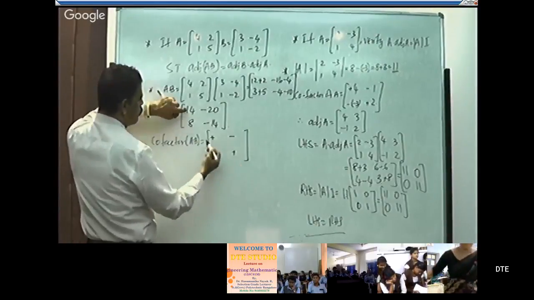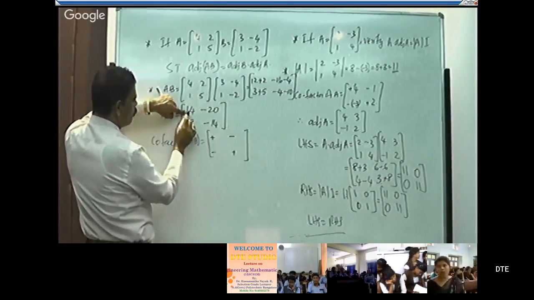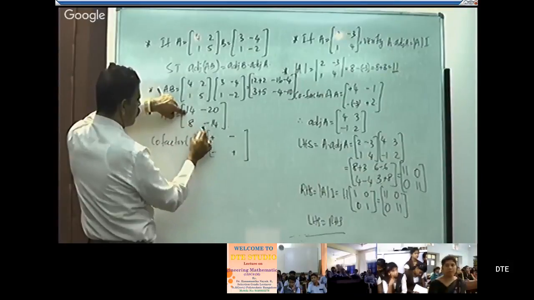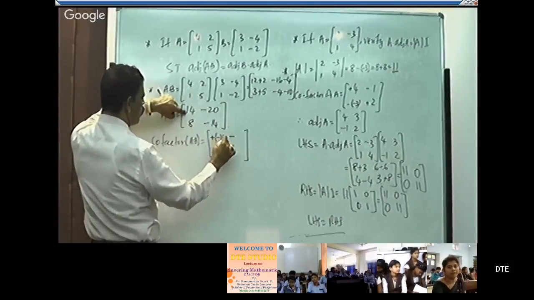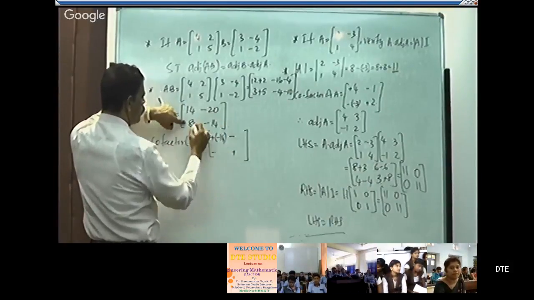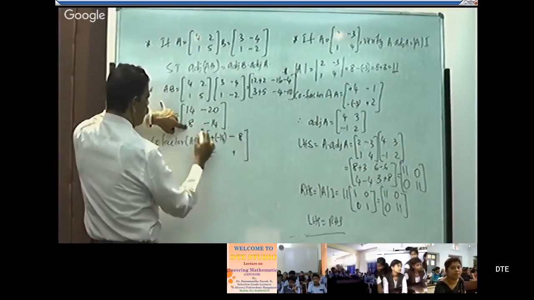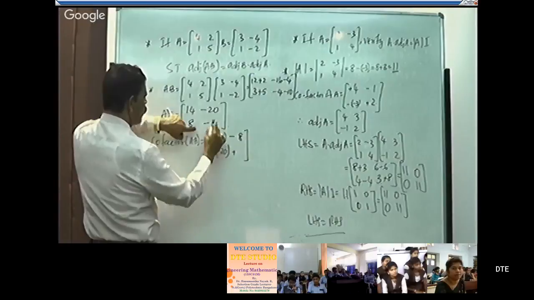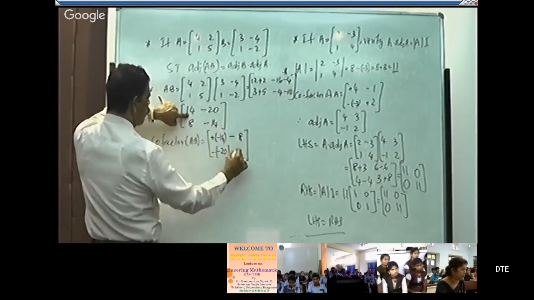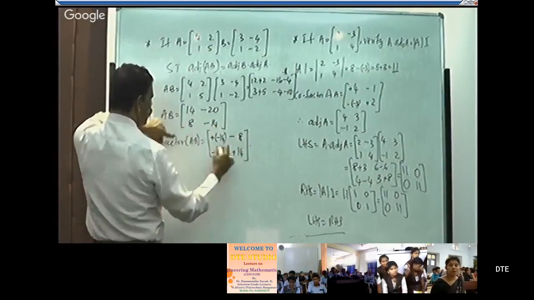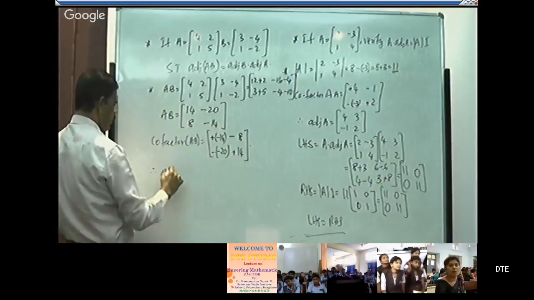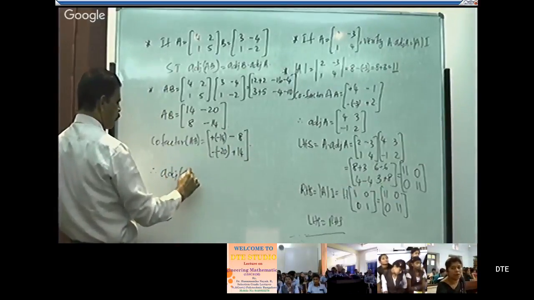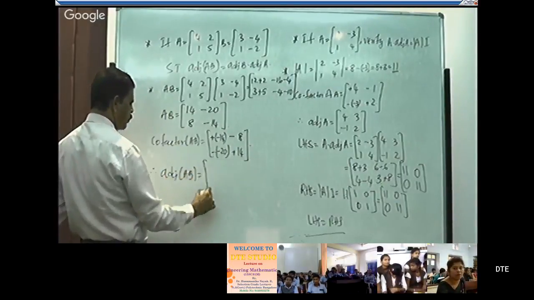Along with the standard sign, write the minor. For 14, the minor is minus 14. For minus 20, it is 8. For 8, it is minus 20. For minus 14, it is 14. This is the cofactor.